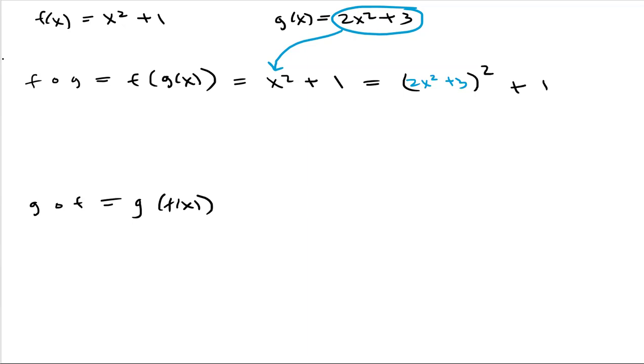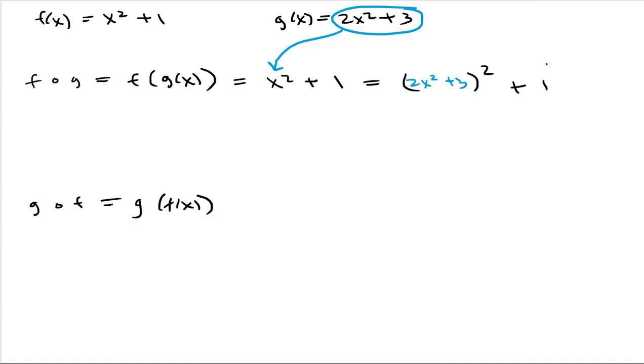So when we multiply this out, you can just do 2x squared plus 3 times 2x squared plus 3. Or you can do a shortcut where you square the front, square the back, multiply the two, and double it.